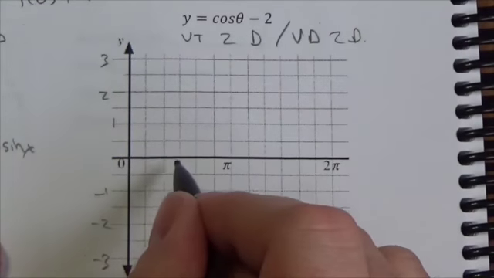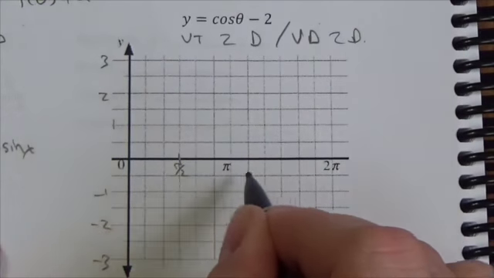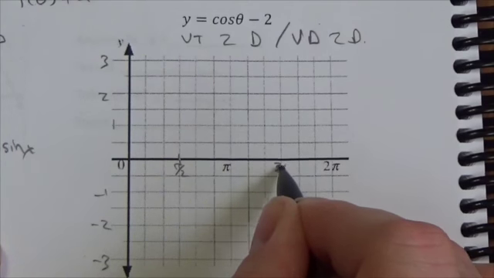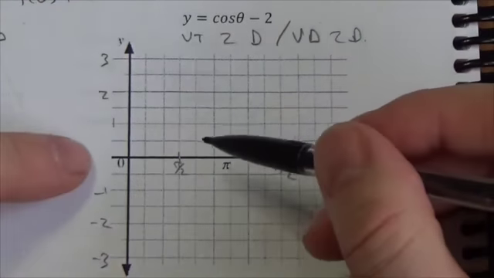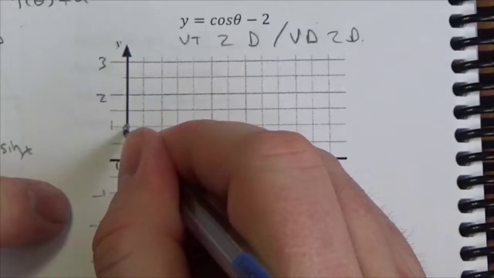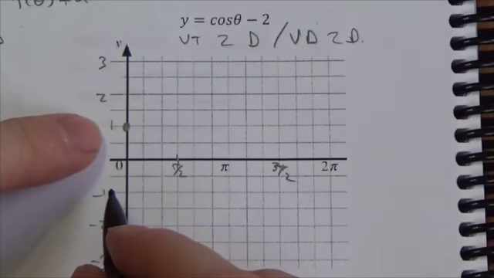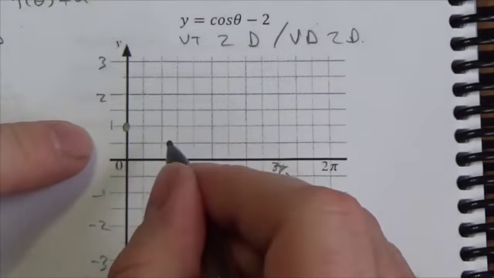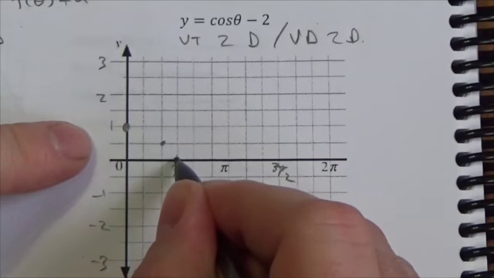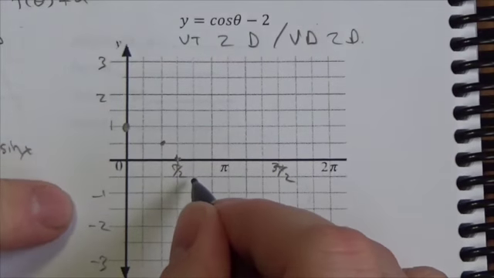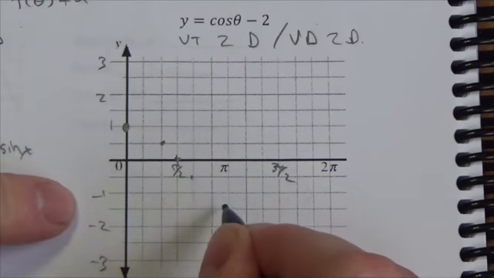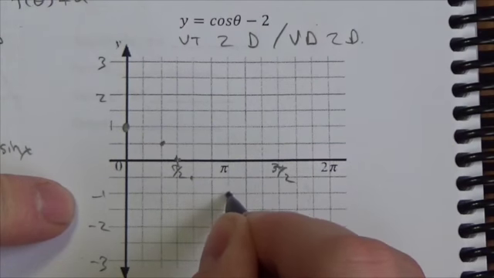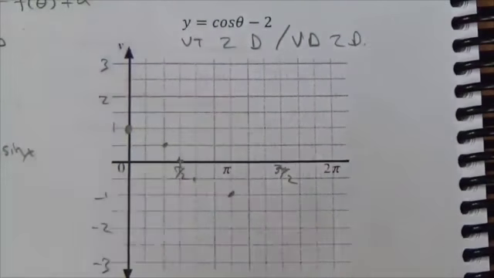So here's my pi over 2. This is going to be 3 pi over 2. It just helps me out to have that there. So I know that a regular cosine will start at 1. At 60 degrees it goes to a half right there, and then 0. And then down here it'll be at a half, and then, whoops, negative 1. Sorry, I drew that a little bit too far.